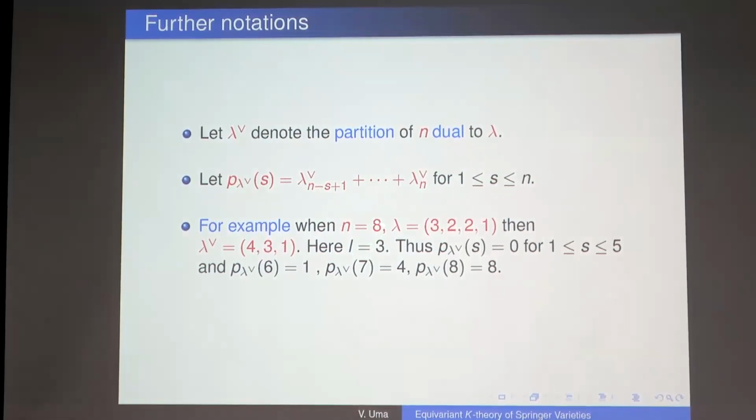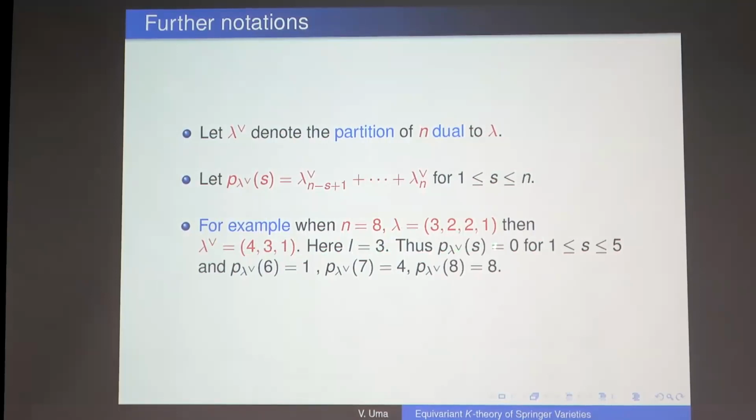For example, if we take n equal to 8 and we choose the partition 3, 2, 2, 1, then the dual partition, if you just flip the tableau, is 4, 3, 1. In this case, l stands for the number of parts here, 3.